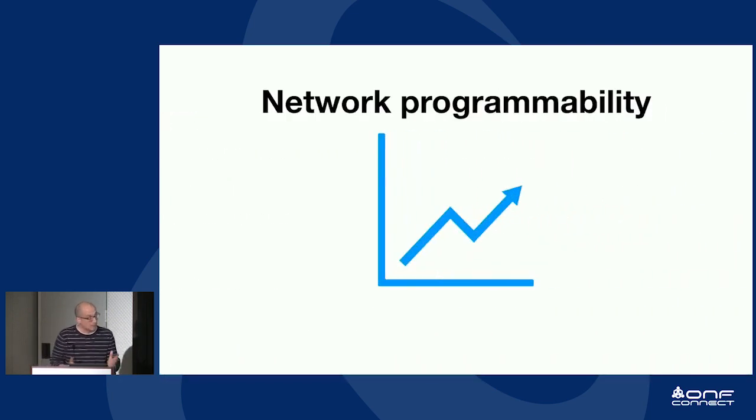Okay, so I don't need to impress upon this group of people that there is an increase in appetite and attention for programmable networking. This is affecting the degree at which we can examine and change network traffic as it crosses our network.